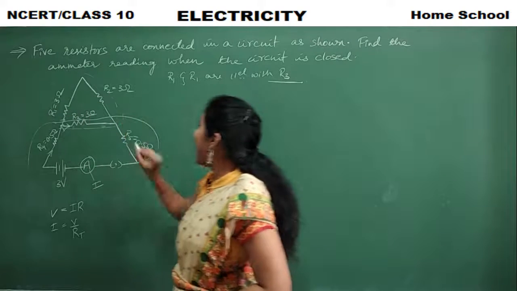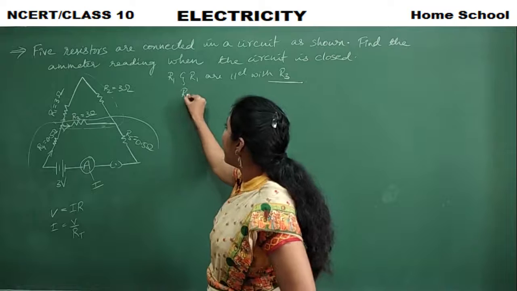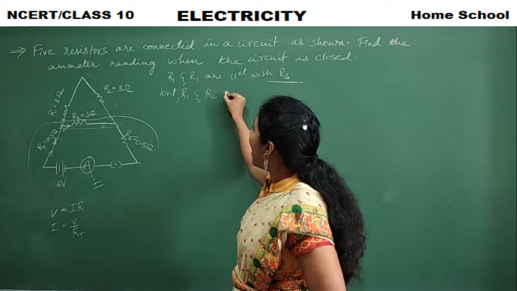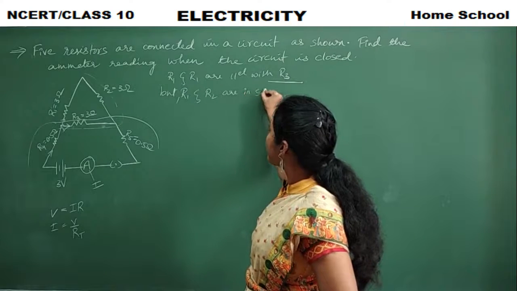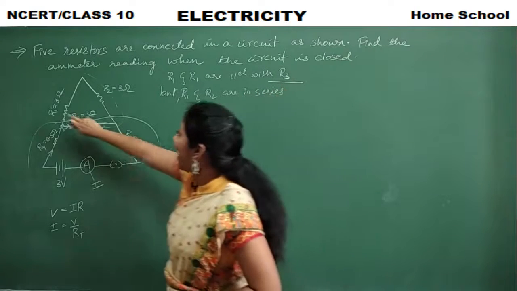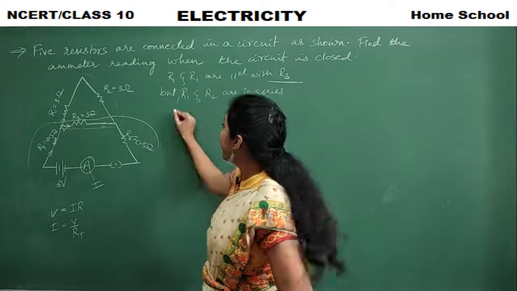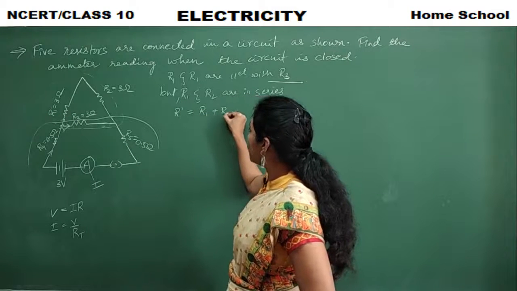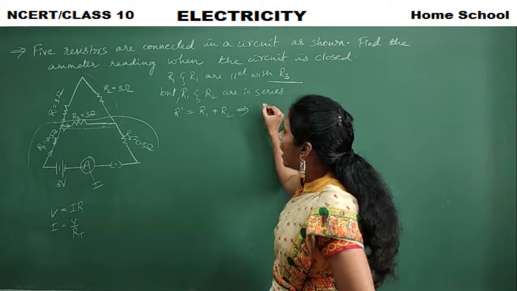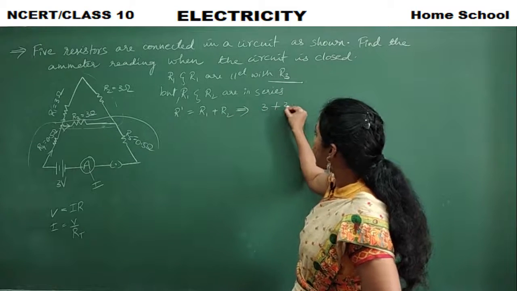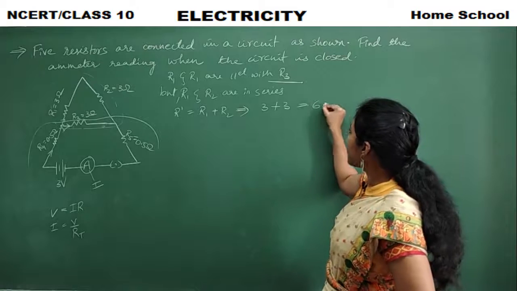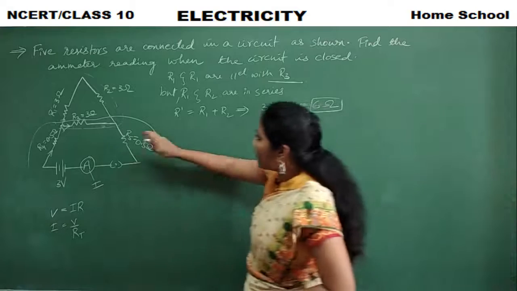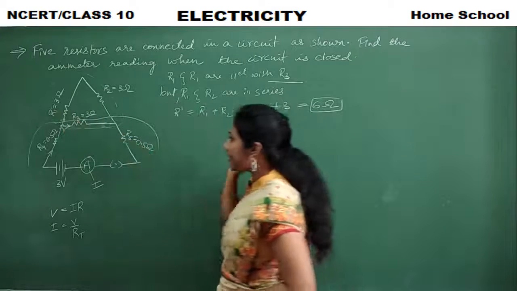But R1 and R2 are in series. So first try to add R1 and R2, right? So R dash is equal to R1 plus R2. So that implies R1 is 3 ohms, R2 is 3 ohms. You will get 6 ohms. So your R dash is equal to 6 ohms. Combination of R1 and R2 is 6 ohms.